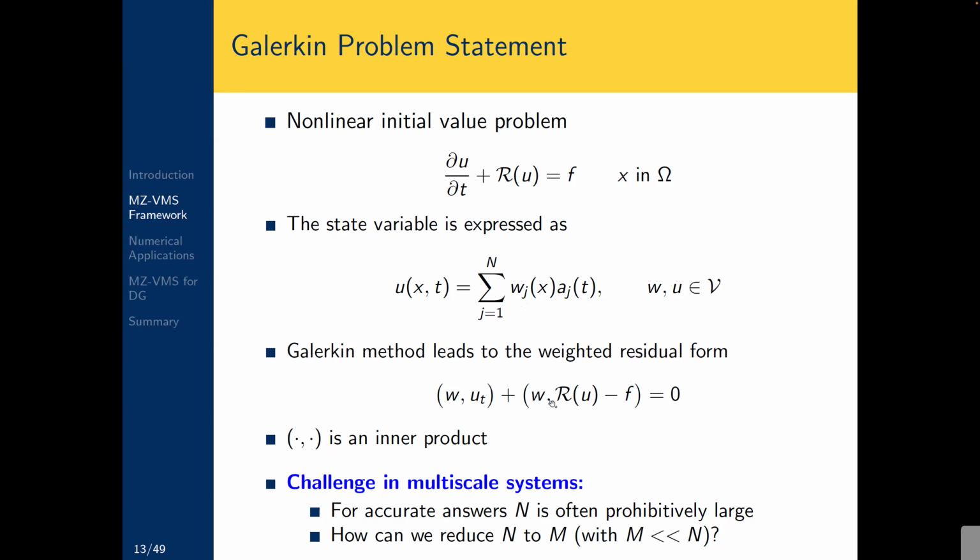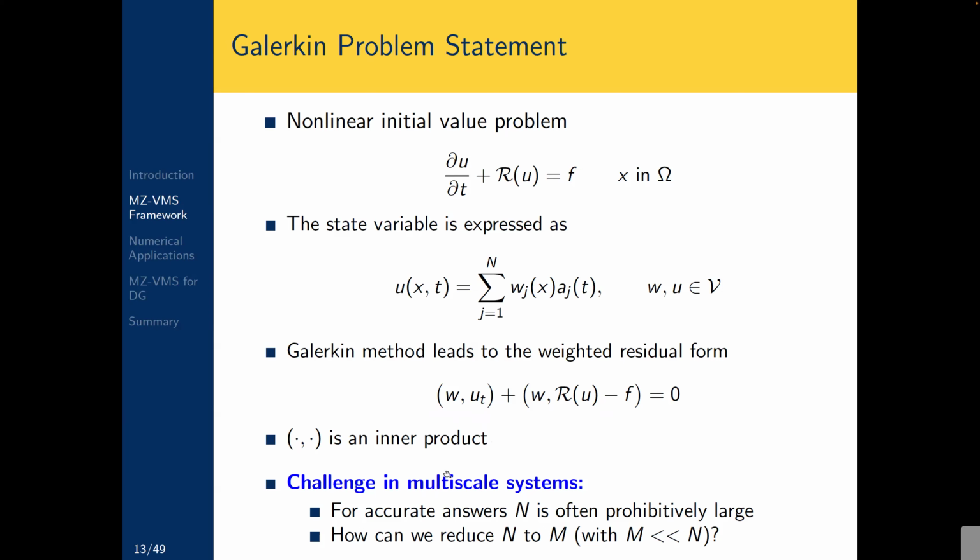Depending on your system, you might integrate this by parts. But the main idea here is you've taken this nonlinear PDE, you have this basis representation, you have a Galerkin method, and this corresponds to an n-dimensional nonlinear dynamical system that you then want to solve.